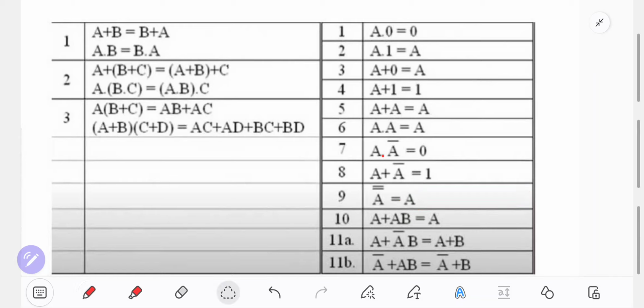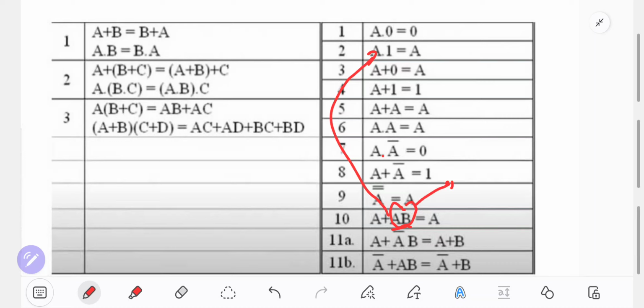Next, A plus A times B is equal to A. A times B, if you check here, A times 1 is equal to A. This is the same formula.